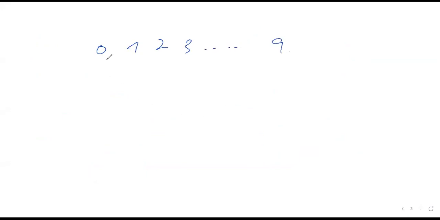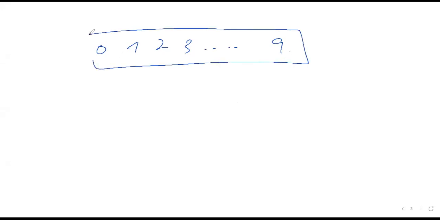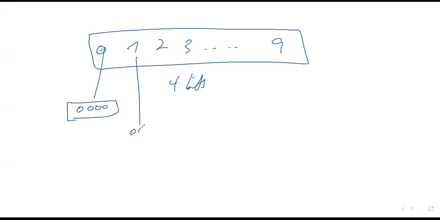Instead of having a separate binary line for each of these, I can represent these values using only 4 bits. So if I click 0 on my calculator, the calculator will transmit this information using 4 bits. If I click 1, the calculator will transmit this. 2, it is using only 4 bits.